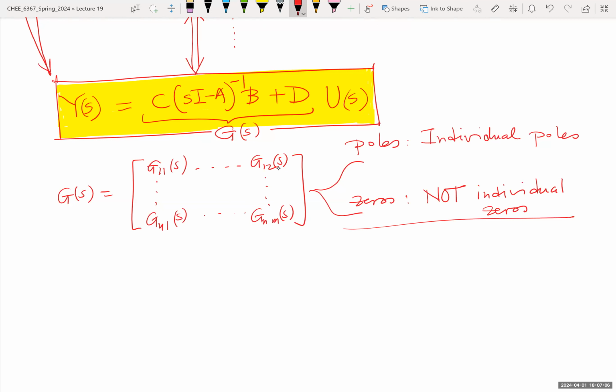Rather, the zeros are the values of s, let's say s equals z, such that the determinant of G of z is equal to 0. That's how the zeros are defined. And we'll explain why.